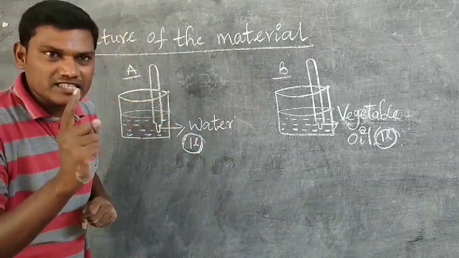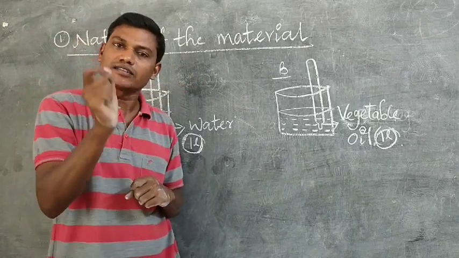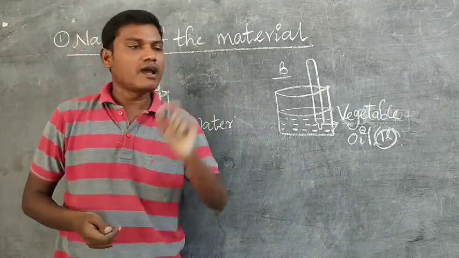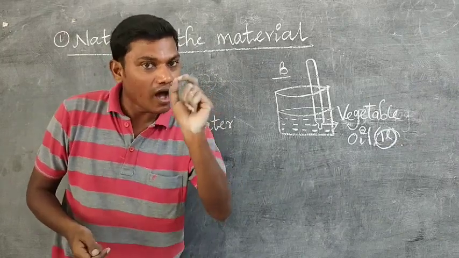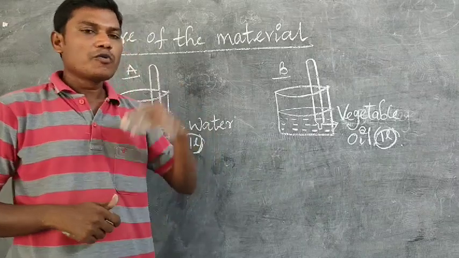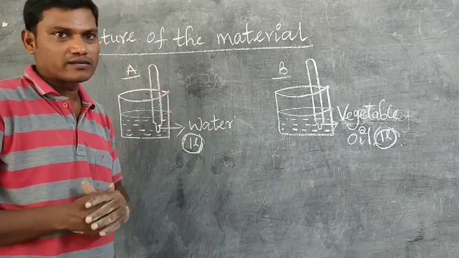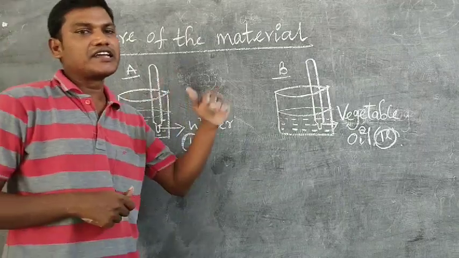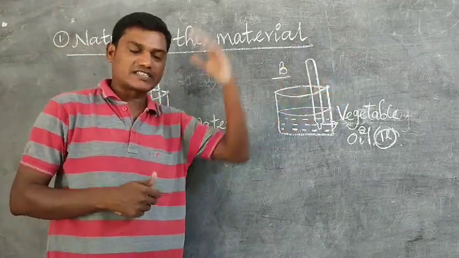One is the nature of the material or substance, second is the mass of the substance, and third is the change or rise in temperature. Now we discuss one by one how the Q value depends on the nature of the material and vice versa.